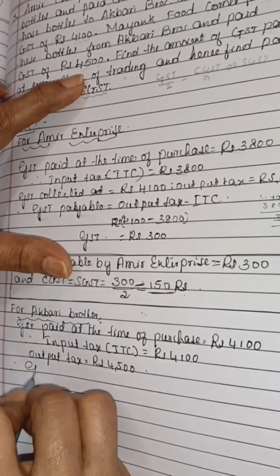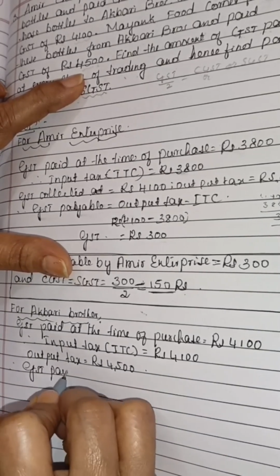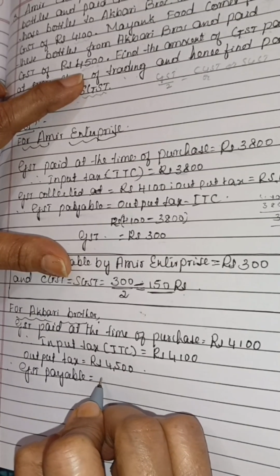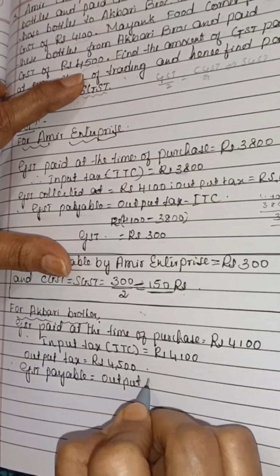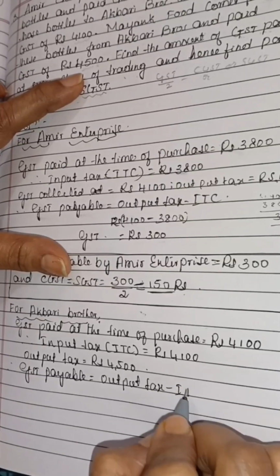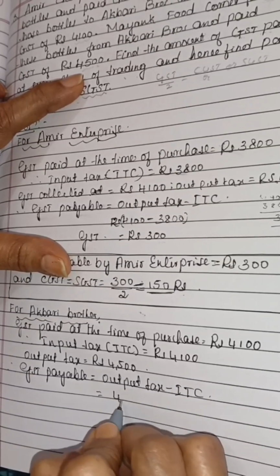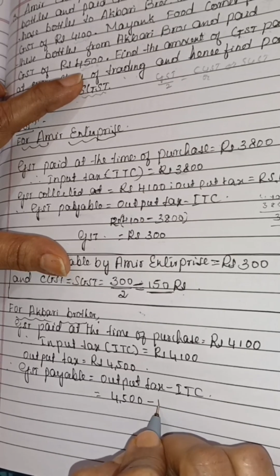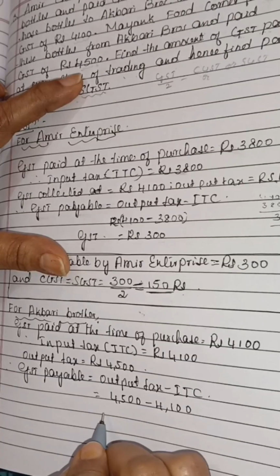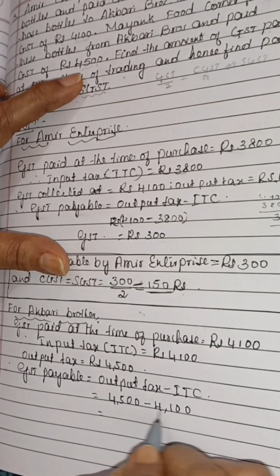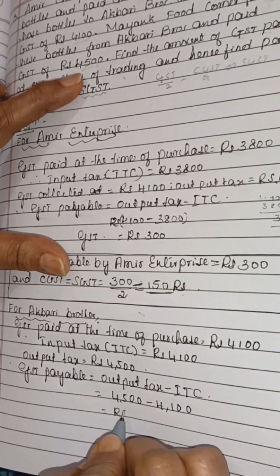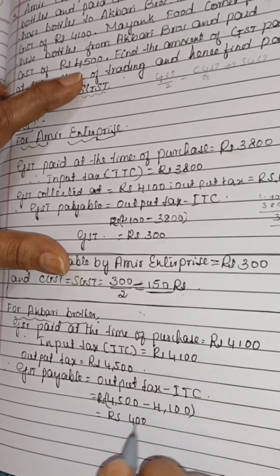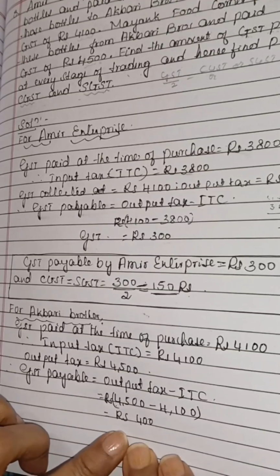Therefore GST payable is output tax minus ITC. Output tax is 4,500 minus ITC 4,100, which is rupees 400.